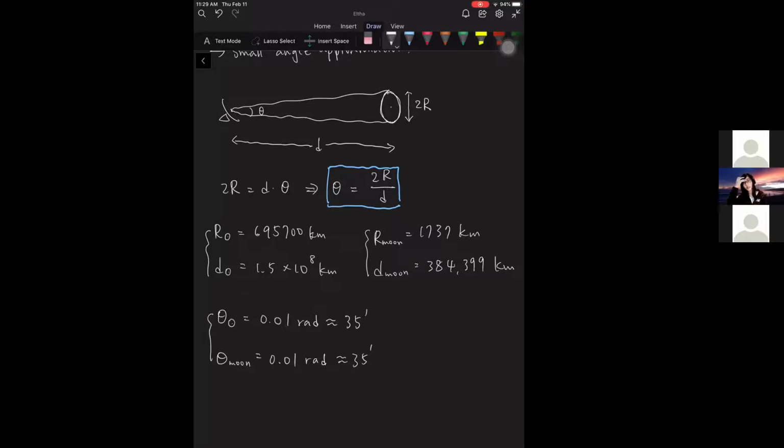It means that even though we know the size of the moon and the sun is a huge difference, as viewed from Earth the angular size is basically similar. And that is why we can see total eclipse, right? Yeah, exactly. So this can tell us that total eclipses are possible.